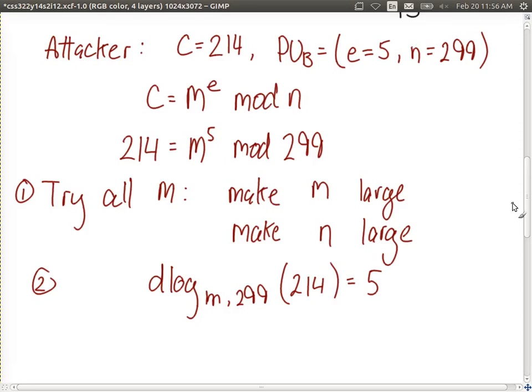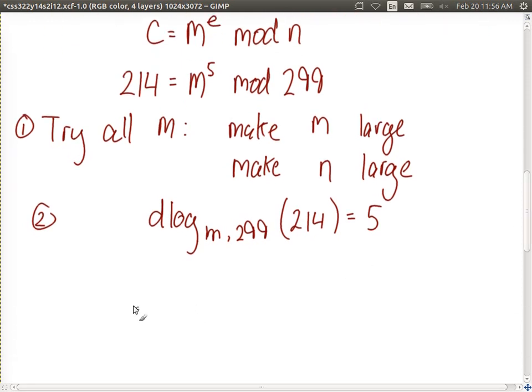All right, if we can't find m, what's the other equation? The decrypt equation, we know that. We know that m equals c to the power of d mod n. We don't know m. We know c. We don't know d.